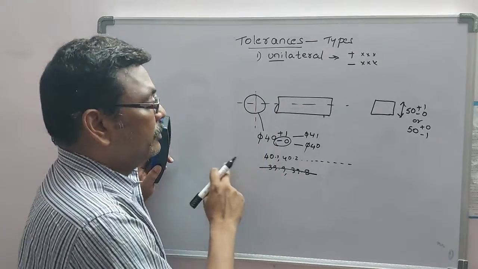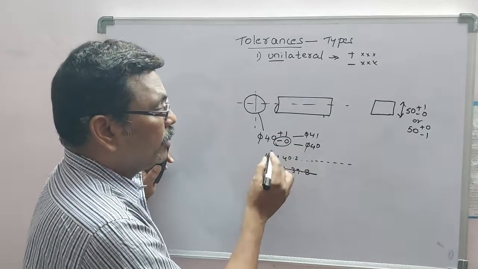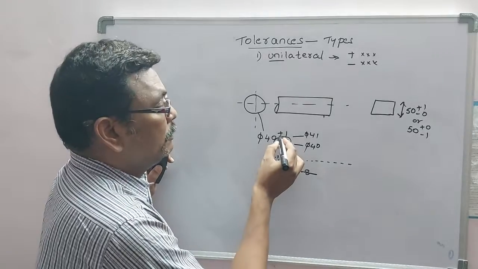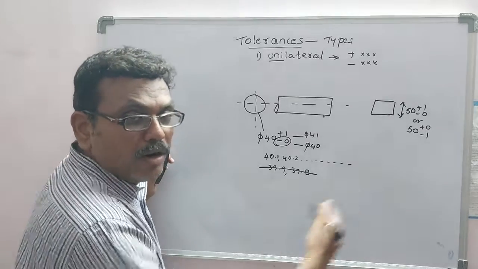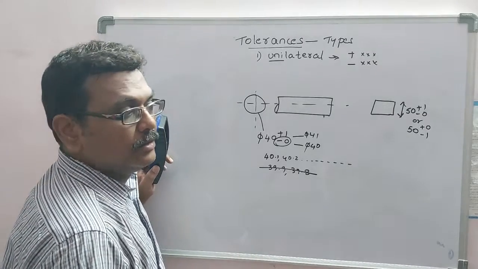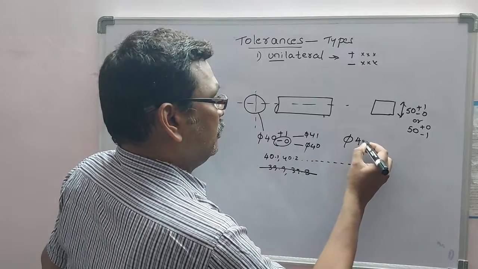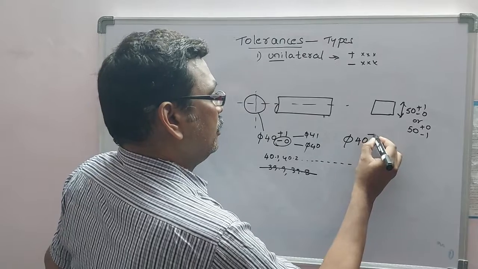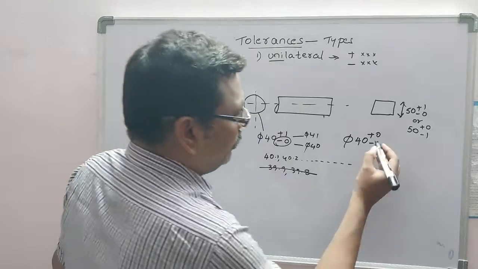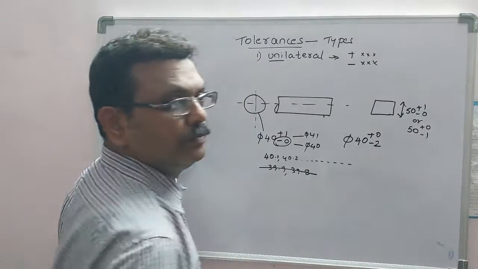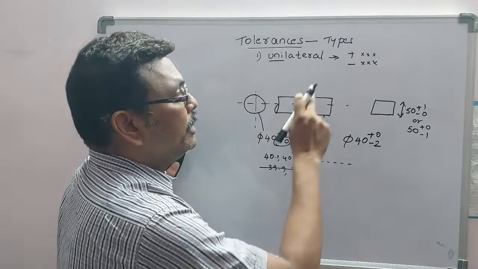Coming to the concept of unilateral, diameter 40 plus 1 minus 0: this diameter 40 can go up to 41 because it is given plus, and in minus it is 0 because it should not go less than 40. Similarly, diameter 40 plus 0 minus 1, or we can take minus 2, just for example. This is also called a unilateral tolerance.